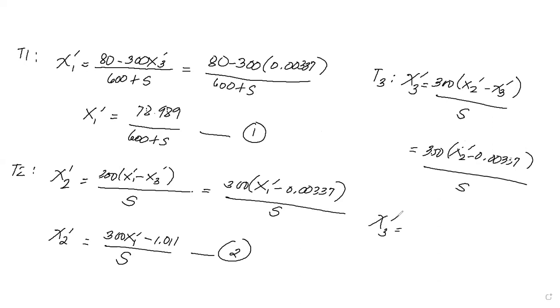So you will have here a 300 x sub 2 prime minus, so you can multiply this two.